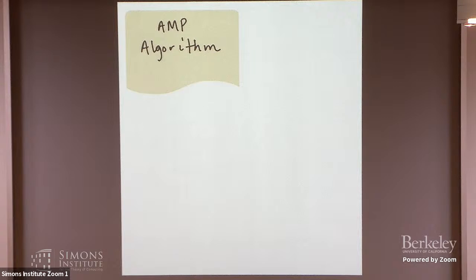So I'm just going to write the same AMP algorithm, but now I'm going to replace that matrix W that we don't know with my matrix A, the data matrix from the problem.